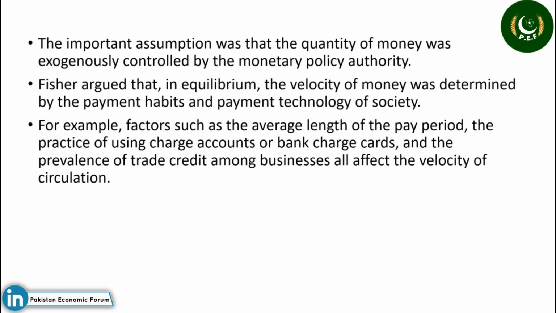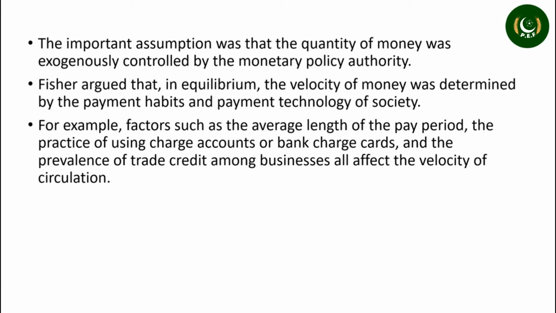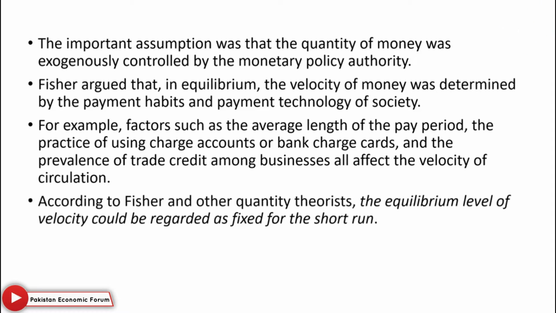Shorter pay periods lead to smaller average money holdings over the pay period for any given income level, and therefore an increase in the velocity. Whereas frequent use of bank accounts by consumers or trade credit by businesses also increases the velocity, which is the number of transactions per unit of money.